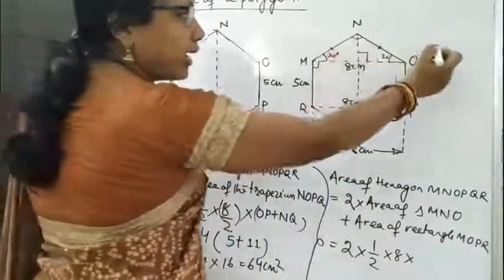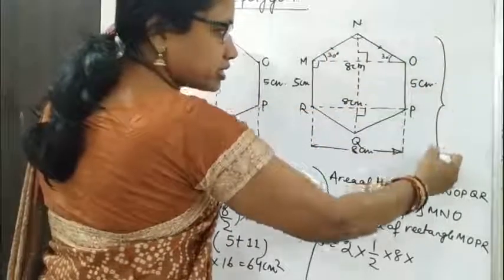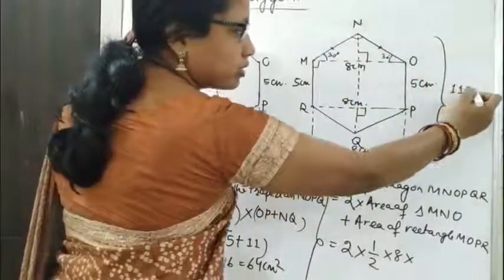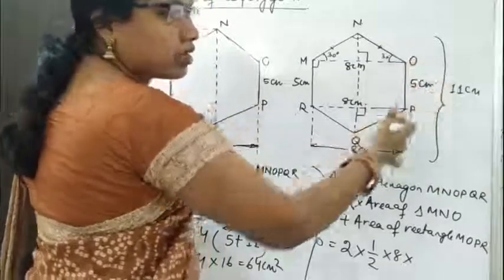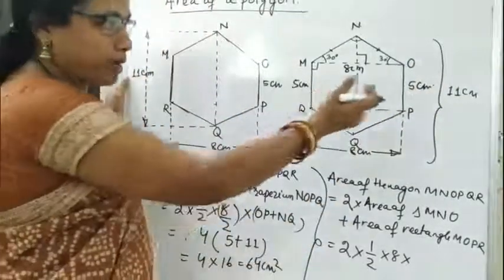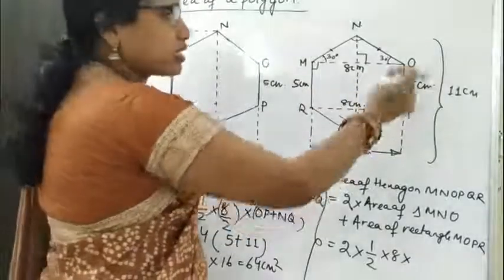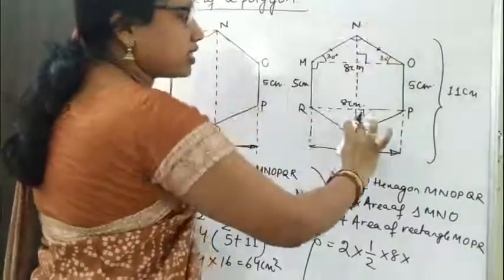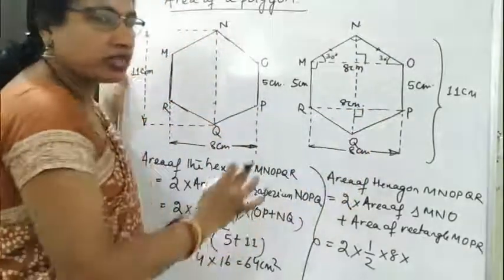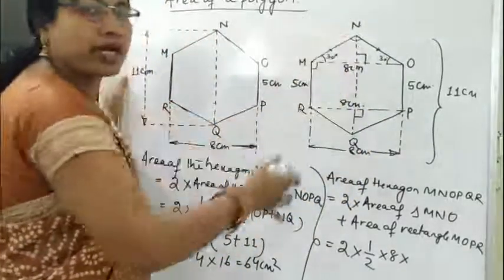The total distance is 11 centimeter and this distance is 5 centimeter, so 11 minus 5 is 6. So this distance is 3 centimeter and the other is also 3 centimeter, as the two triangles are congruent.